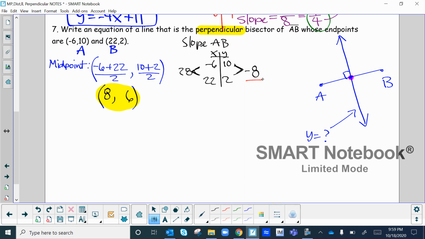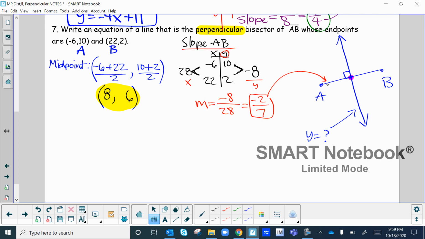So the change in Y, this is Y, remember, that's why I put Y on this side, and this is the change in X. So m equals -8 over 28. Let's reduce that, okay? So what goes into both of those? I believe 4 goes into both of those, right? So 4 goes into that -2 times and 7. So this is the slope, guys, of AB, okay? That's what I wrote down right there.